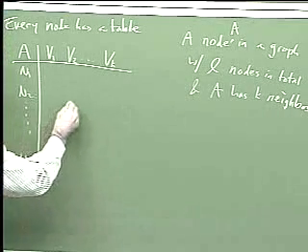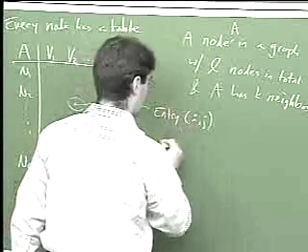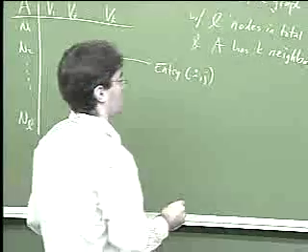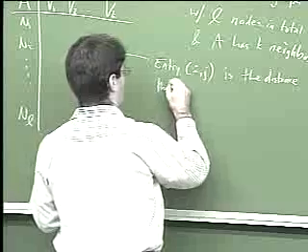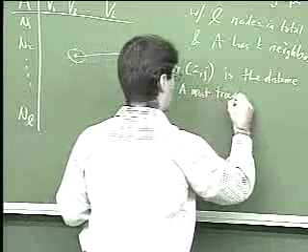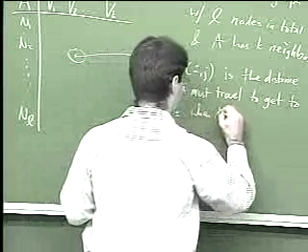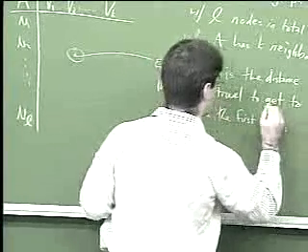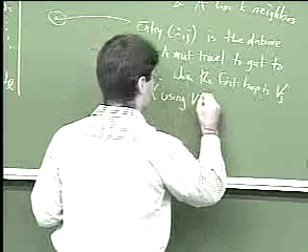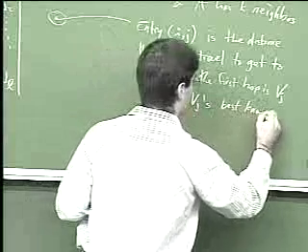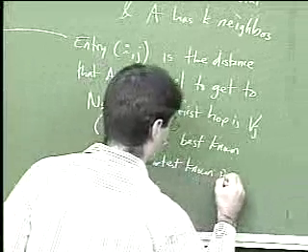Okay, and each entry in the table, so for instance, this entry right here in position i, j in this table, is the distance that A must travel to get to n sub i when the first hop is V sub j, using V sub j's best known, i.e. shortest known path.